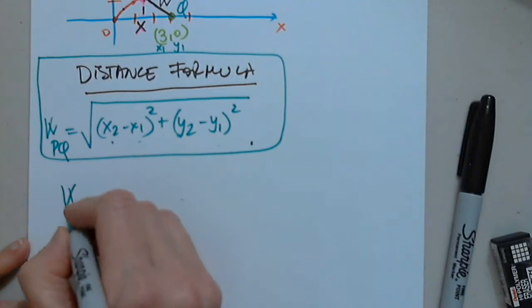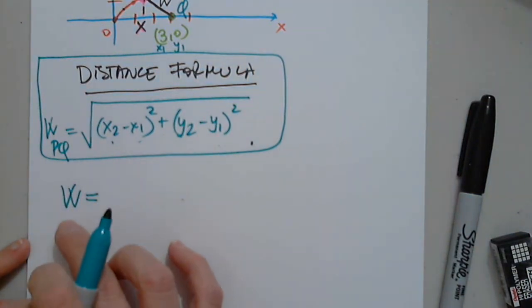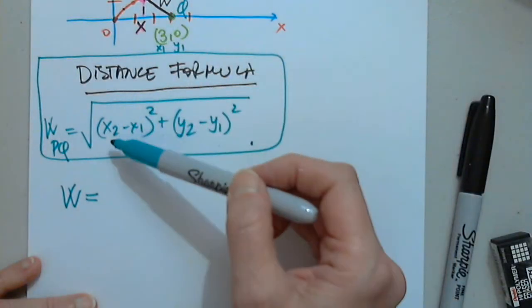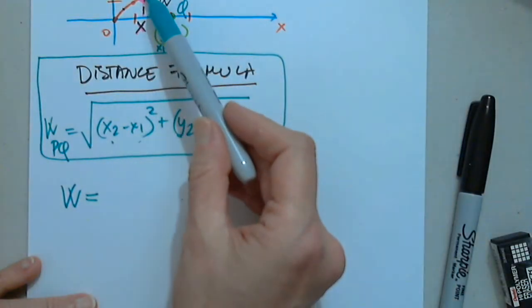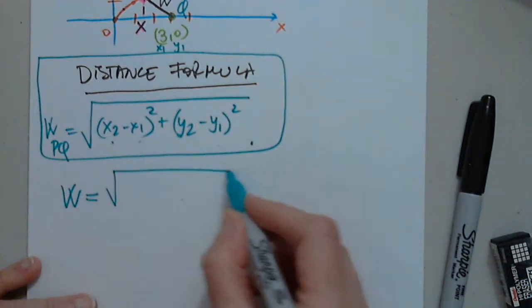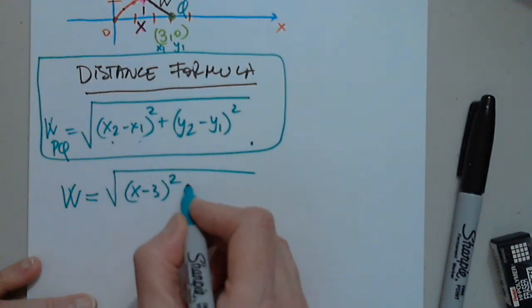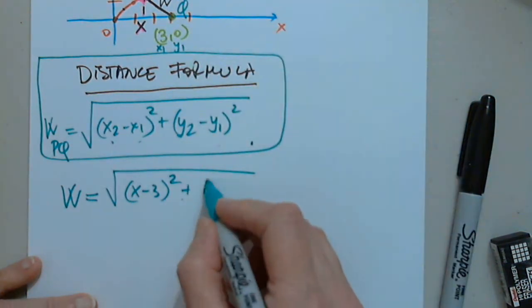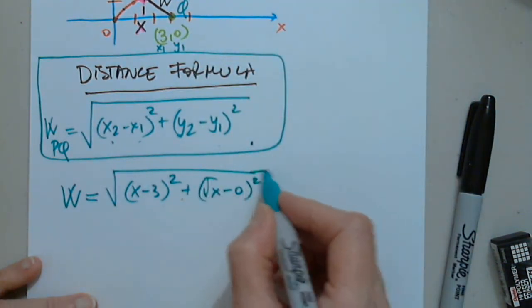So then my W, which is a function, right? We'll see in a moment. x minus 3 squared plus square root of x minus 0 squared.